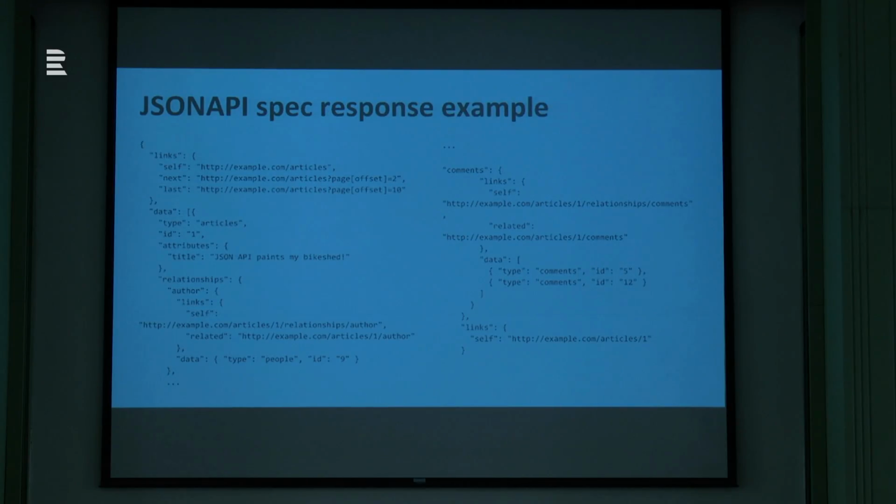Okay. So this is an example of what the JSON API specification response looks like. It's not only handling responses, but also requests. So you have the links, which say which link am I on, what's the next link, for example, what's the last link, and you have data, relationships, and that's it.